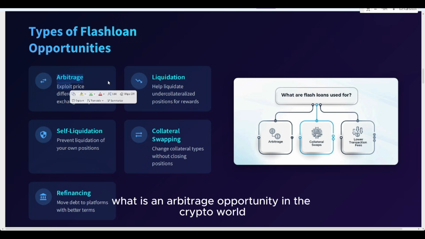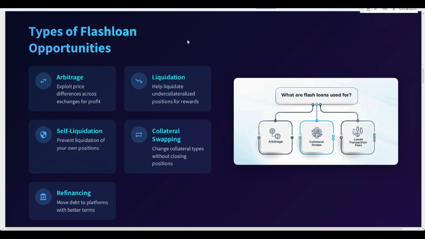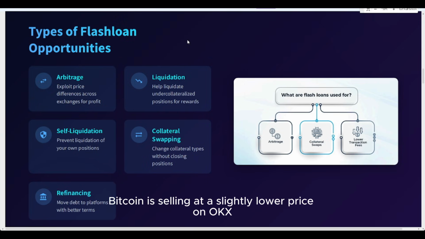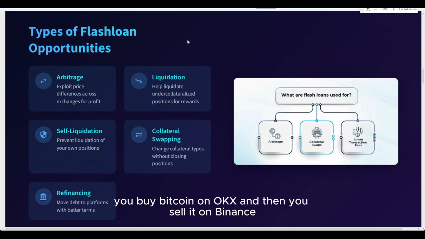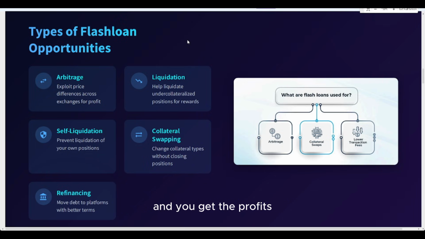Right now, what is an arbitrage opportunity? In the crypto world, let's say you identify that Bitcoin is selling at a slightly lower price on OKX than on Binance. Now, what do you do? You buy Bitcoin on OKX and then you sell it on Binance and you get the profits.